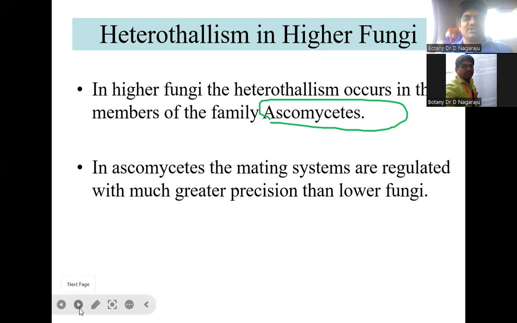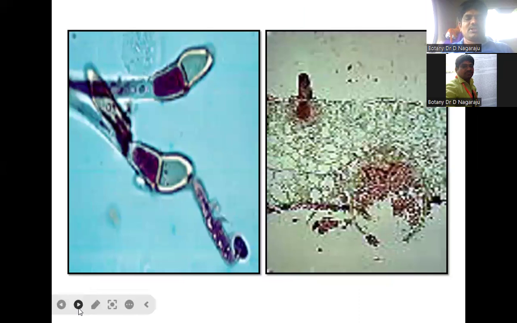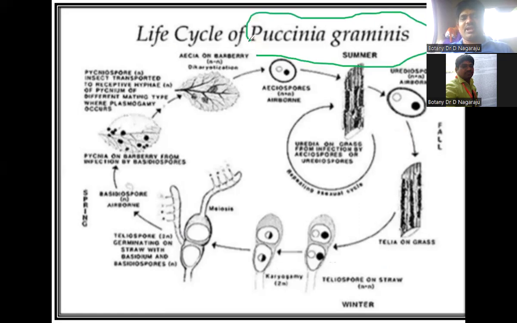In higher fungi, especially in Ascomycetes, there is a much greater variation. Hormonal variation is also there in the higher fungi in heterothallism. You see here in the Phragmobasidium, that means, you might have studied Puccinia graminis tritici. It is a macrocyclic life cycle with two hosts, primary host and secondary host.